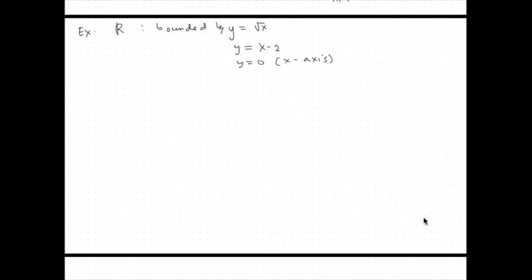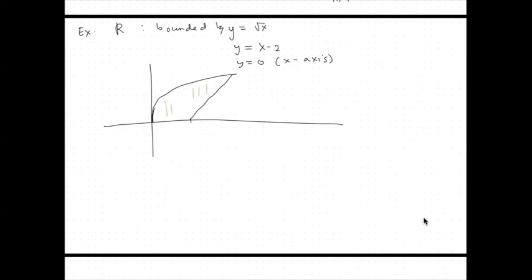So remember this example. So y is root x is the graph here. And then y is equal to x minus 2: when y is equal to 0, x is equal to positive 2. So you get here 2 and then this. Okay, so this is your region.